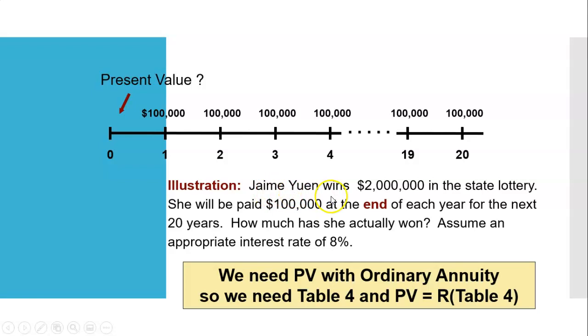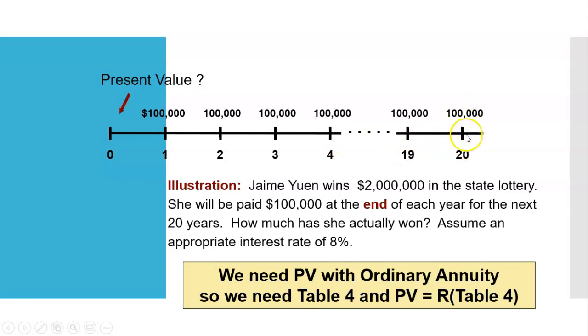Jamie Ewan wins $2 million in the state lottery. She will be paid $100,000 at the end of each year for the next 20 years. So I take $100,000 times 20 years, that'll give me the $2 million. Okay, how much has she actually won as far as what is the present value today? Okay, assume an interest rate of 8%. So here's the 100,000 that she's going to get every year for the next 20 years.